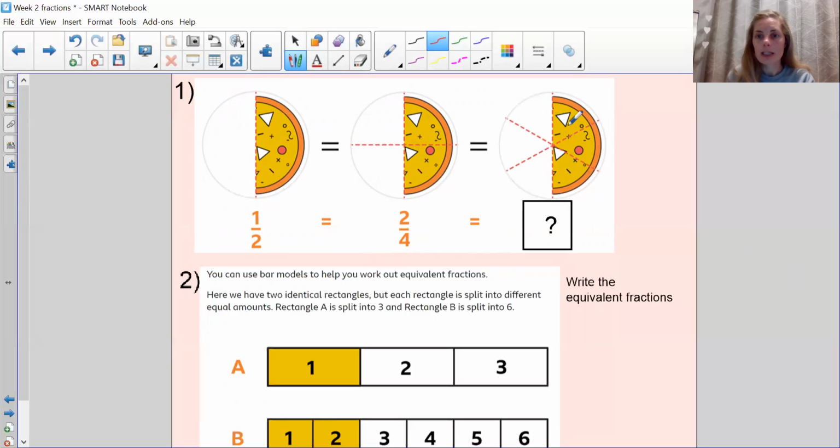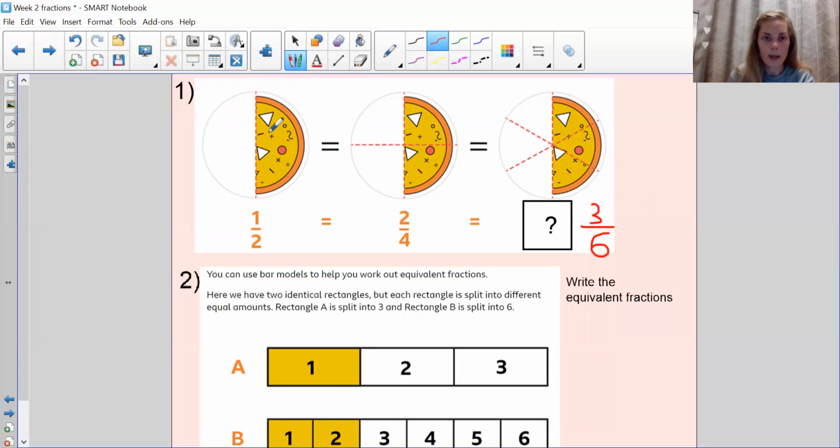Right, hopefully you've said you've got 3 slices and that you've cut up your piece of pizza into 6 in total. There are 6 slices in total and you are left with 3. Now you can see a half, 2/4, 3/6 are all equal to one another because you can see here that the pizza is taking up the same amount of space on the plate.